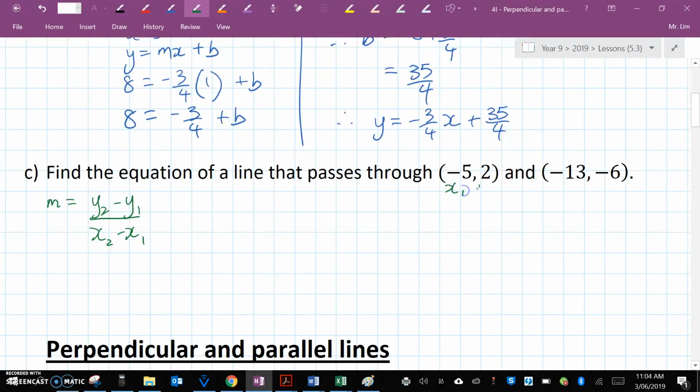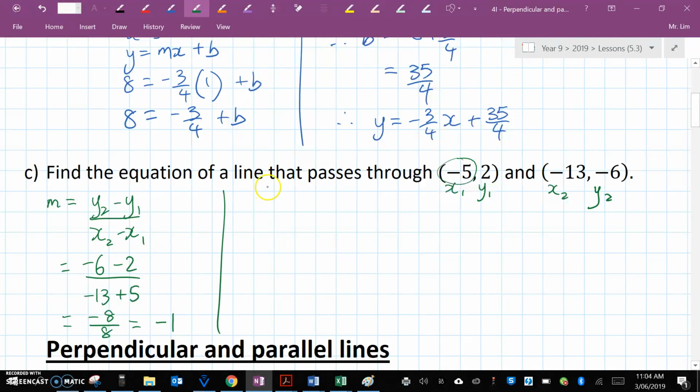So let's label this x1, y1, x2, y2. That gives us minus 6 minus 2 over minus 13 plus 5, because minus 13 minus minus 5 is minus 13 plus 5. Which is minus 8 over 8, which is negative 1.